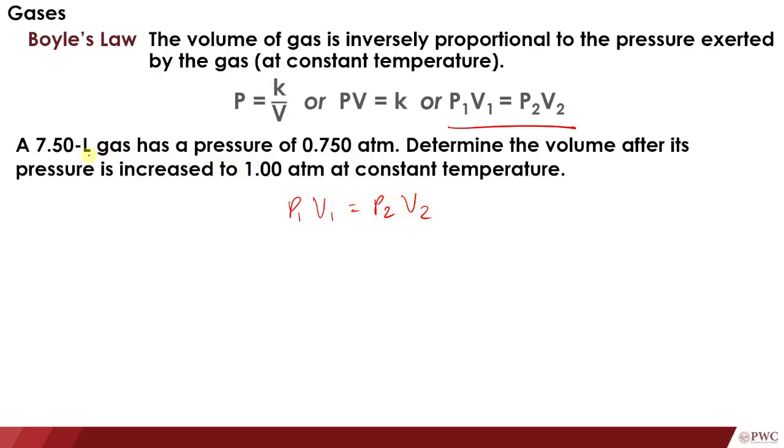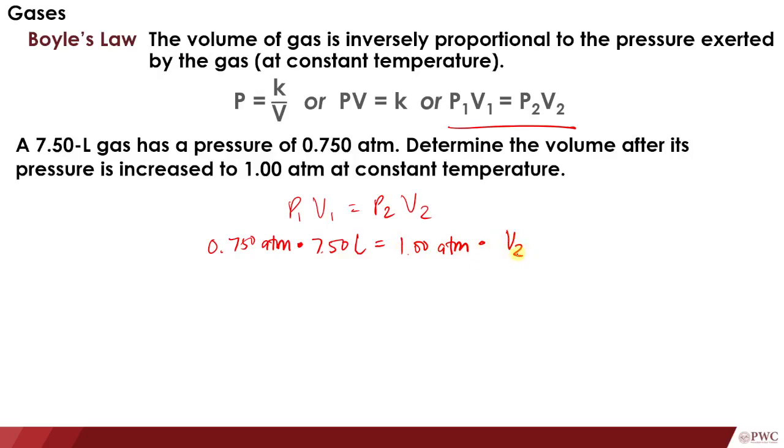Sorry, here we're looking for the pressure first. So for the pressure, we have 0.750 atmospheres, and the volume is equal to 7.50 liters. Then the final pressure is 1 atmosphere, and the final volume is unknown.